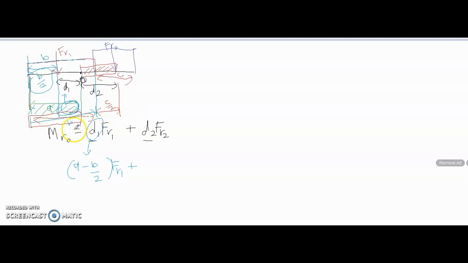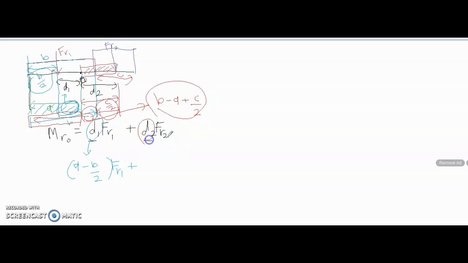So B minus A, and you will get this portion, and then add with the half of C here, so you will get the distance from O here to FR2 here.